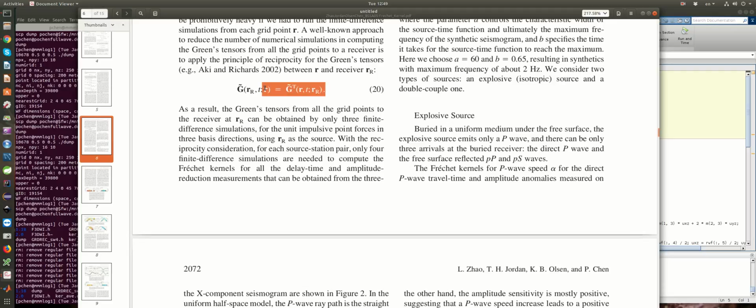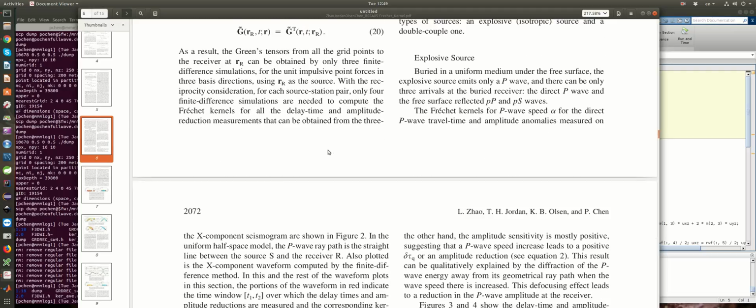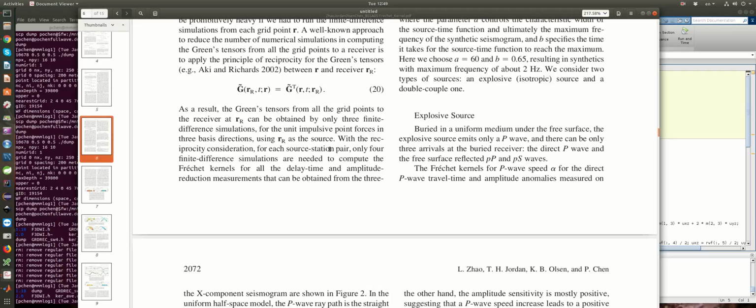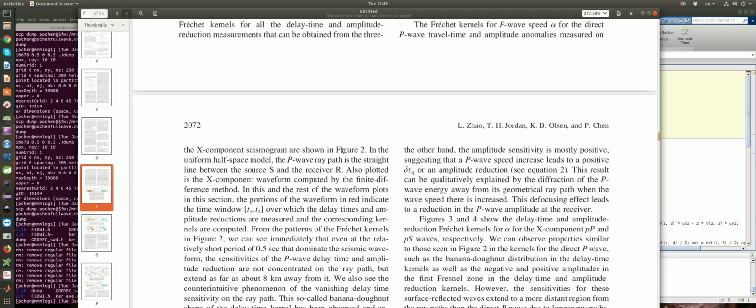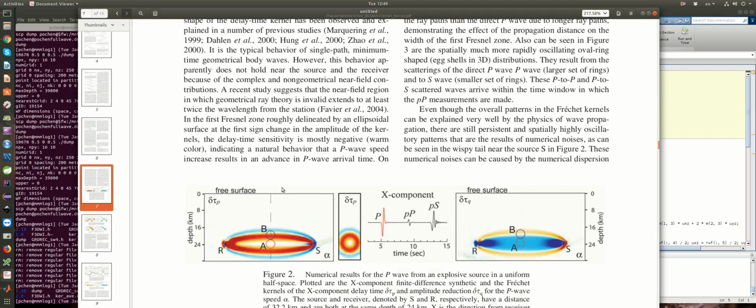Green's tensor is displacement, right? So if you take the spatial gradient of the displacement, you get the strain. So basically you're convolving a moment tensor source with a strain field, right?